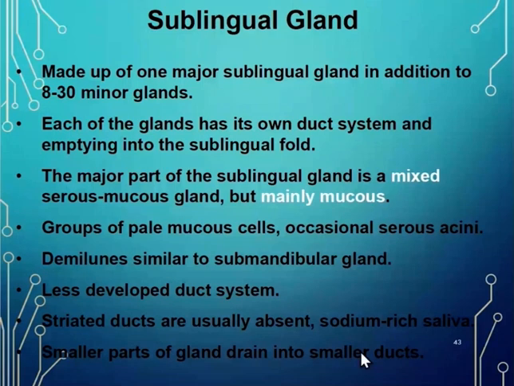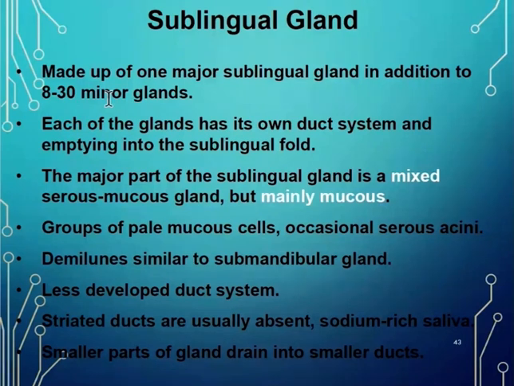The histological structure of all of these glands is similar, whether greater, lesser, or minor salivary glands. As for the duct system, we have a less developed duct system than in the other major salivary glands. Striated ducts are usually absent.